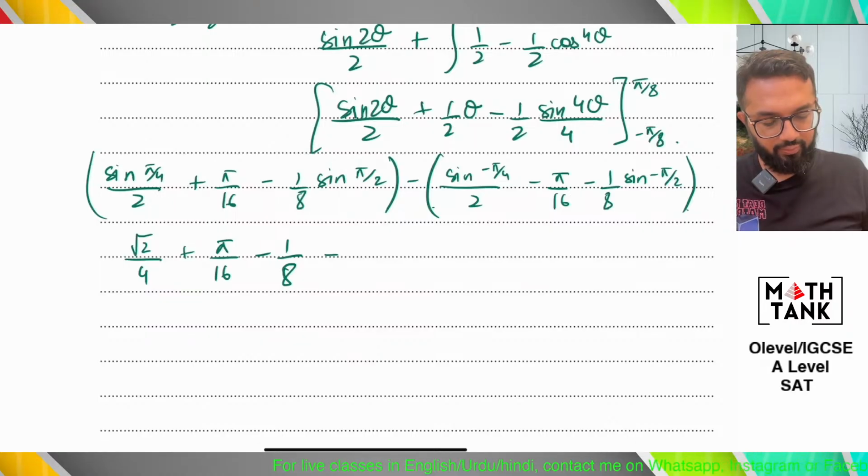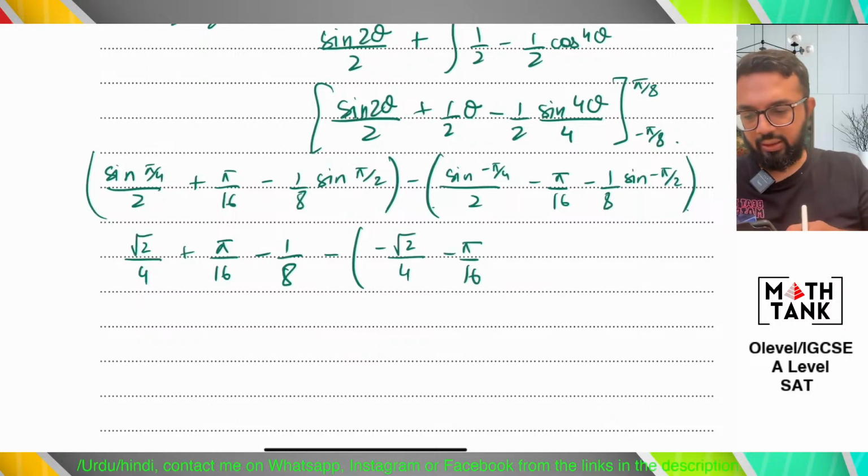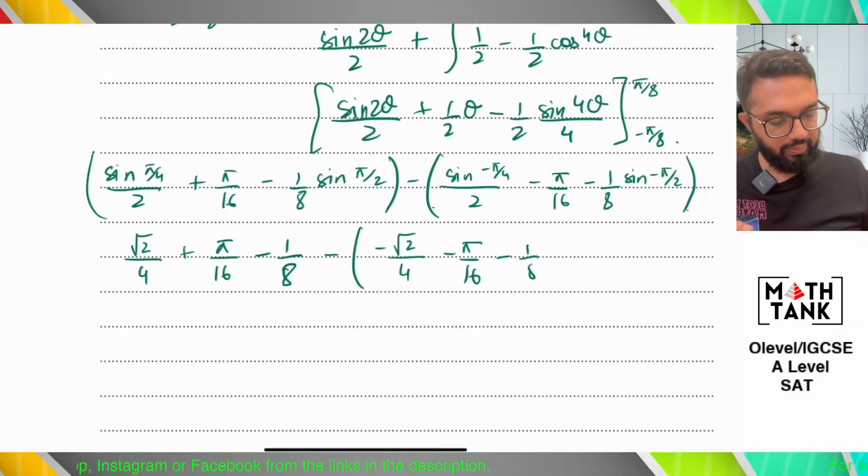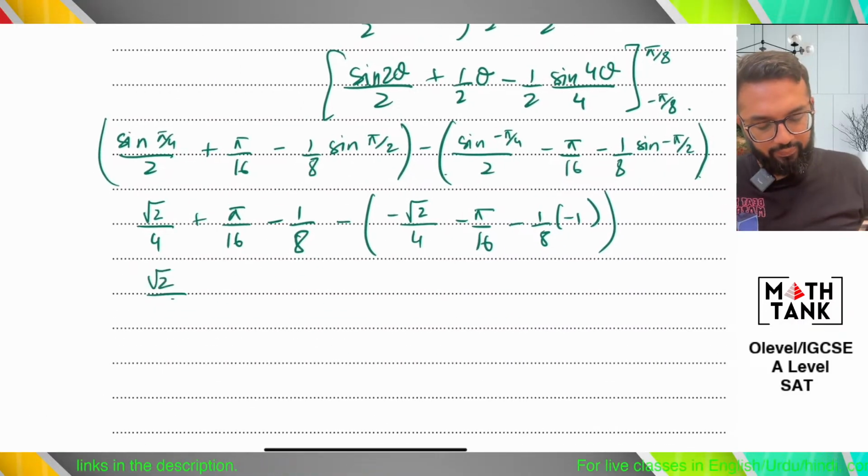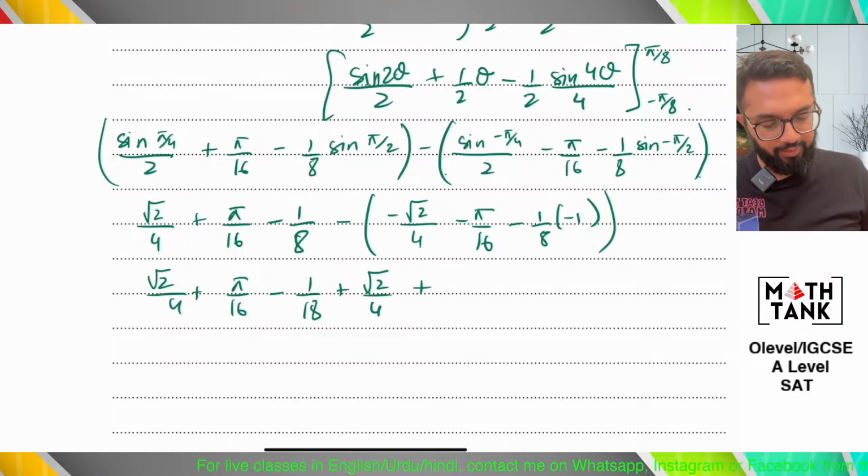So minus root 2 over 4, minus pi over 16, and that last one has to be a minus 1, so minus 1 over 8. So root 2 over 4 plus pi over 16 minus 1 over 8 plus root 2 over 4 plus pi over 16 minus 1 over 8.